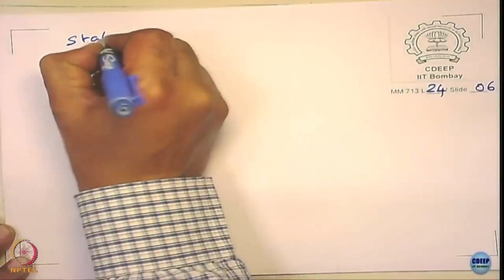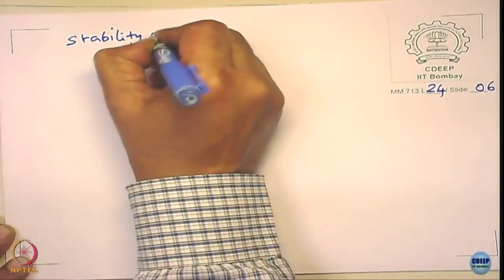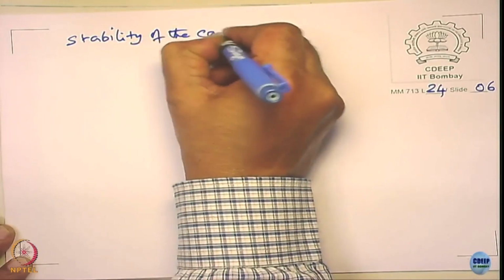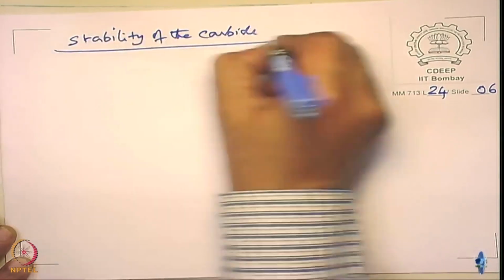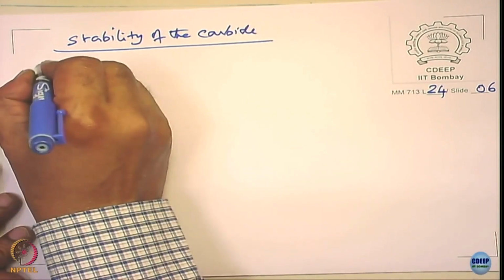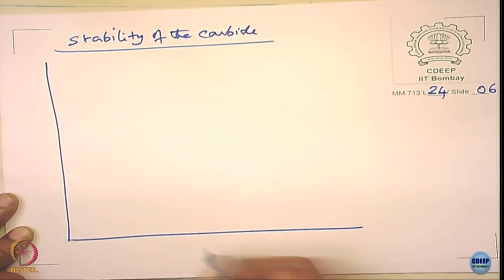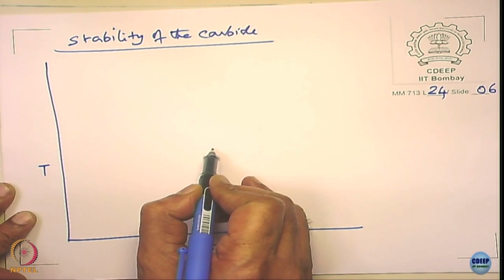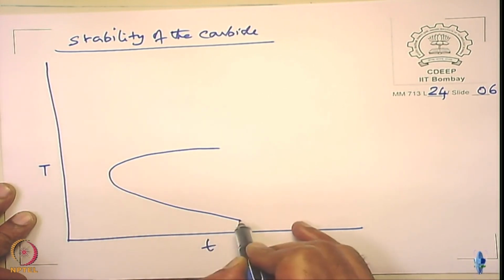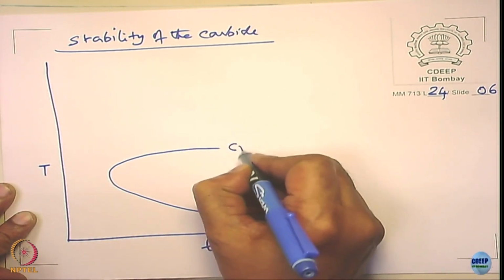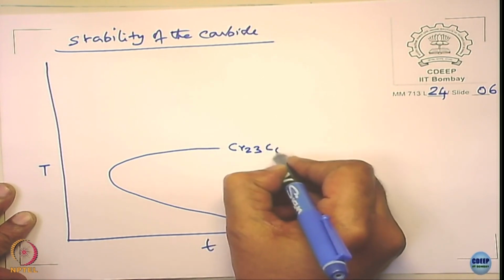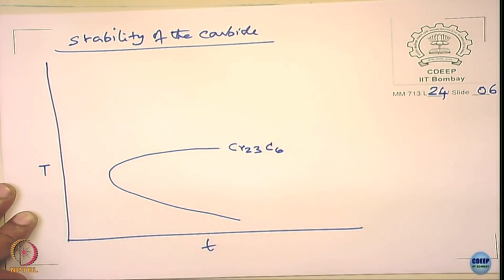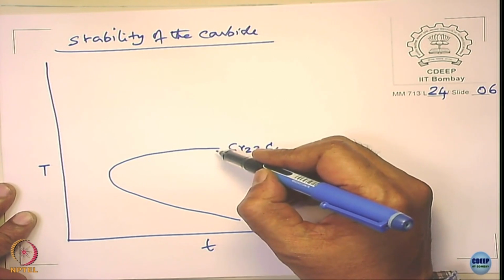We need to understand the stability of the carbides. Cr23C6 is a carbide that forms.